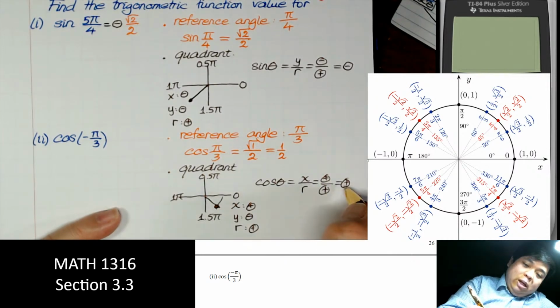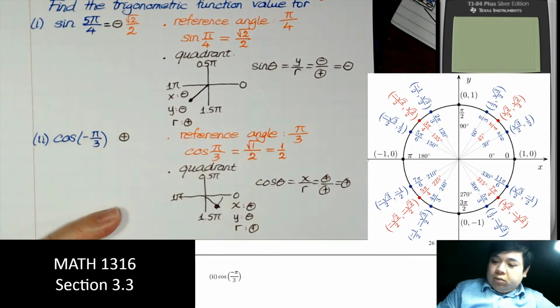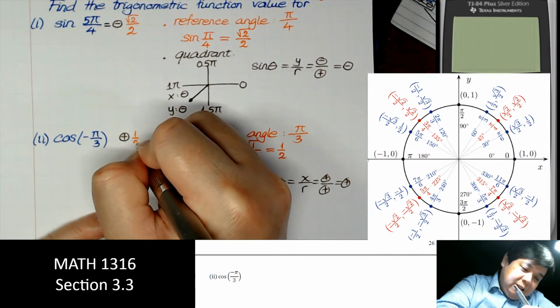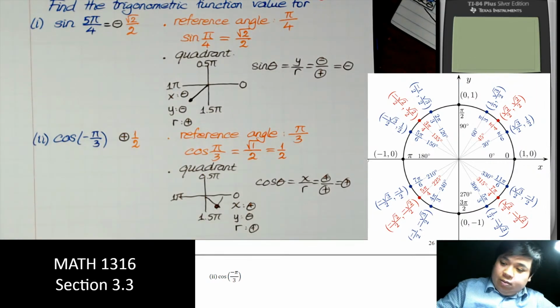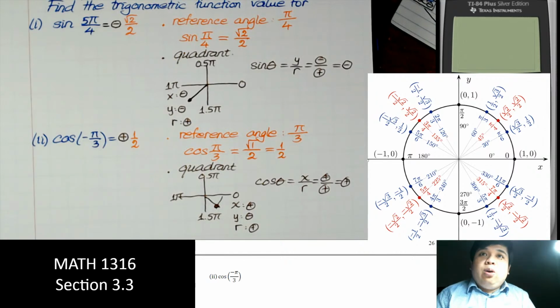So the answer is going to be positive 1/2. So on the unit circle, 5 pi over 3 or negative pi over 3, the x values is cosine, so it's 1/2.